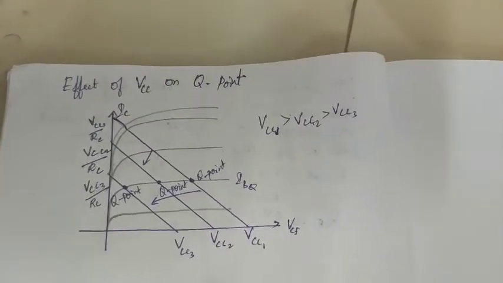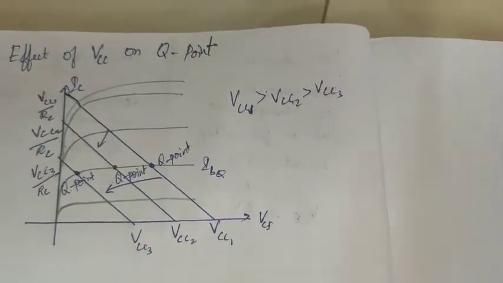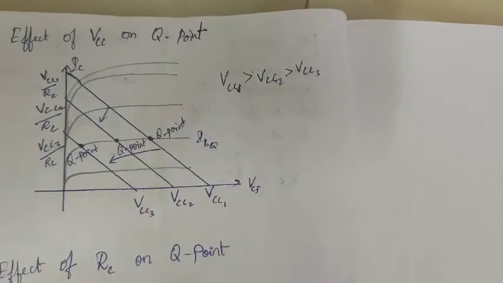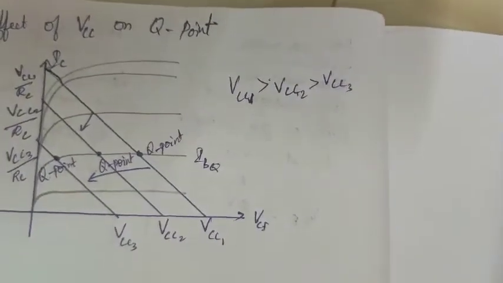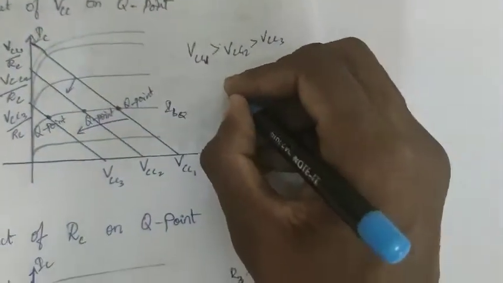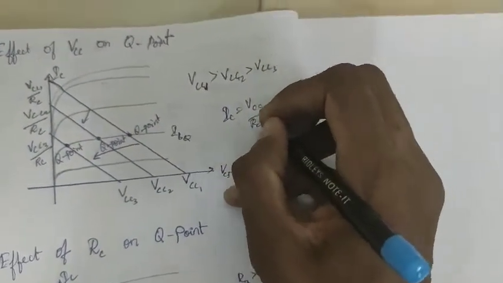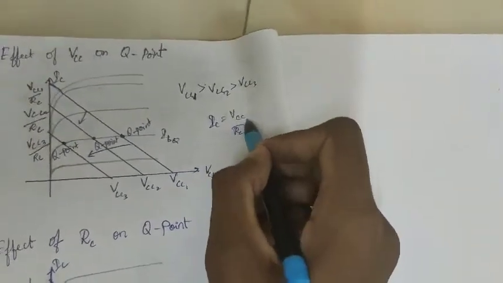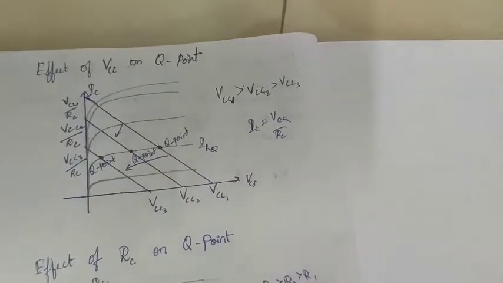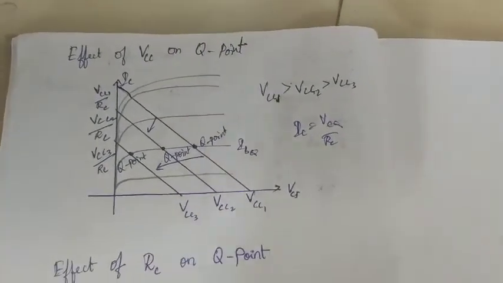That is the effect of VCC on Q point. VCC is simple when it is in VCC by RC, so IC is equal to VCC by RC. So when I increase VCC, I get a higher Q point, and when I reduce the value of VCC I get a lower Q point.